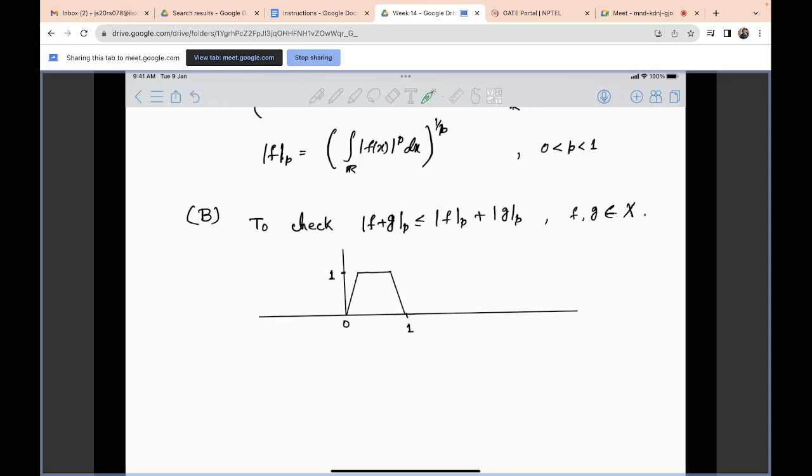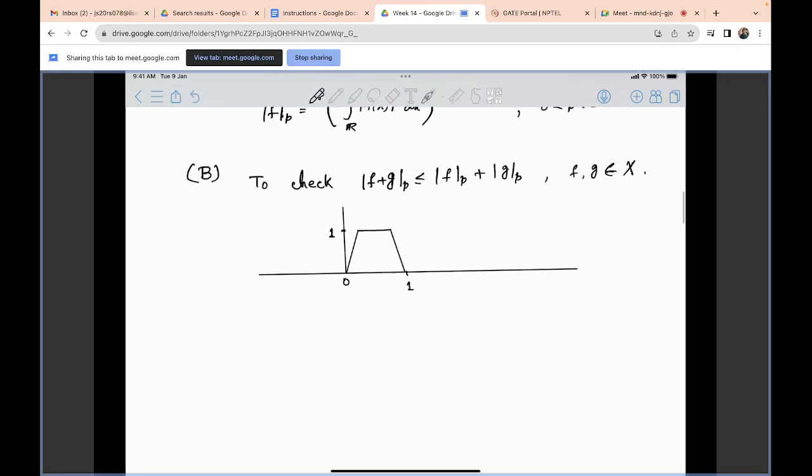The characteristic function would be on 0 to 1 only, but that is not continuous. So we will make a little modification to make it continuous. This will be our f, and otherwise it is 0, so it is only supported in [0,1].